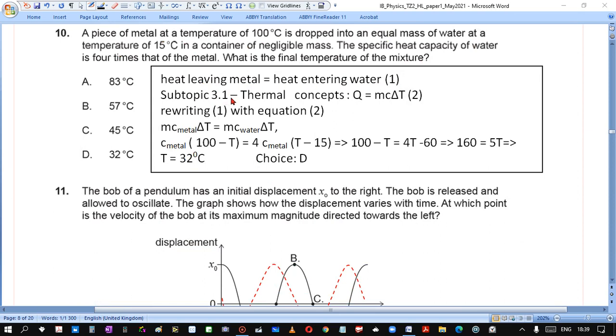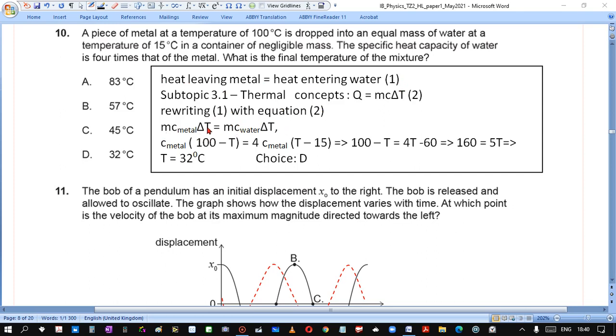So subtopic 3.1, thermal concepts. Thermal energy when an object is heated is given by this formula. Rewriting this formula for equation 1 and equation 2, we substitute the expressions for heat.